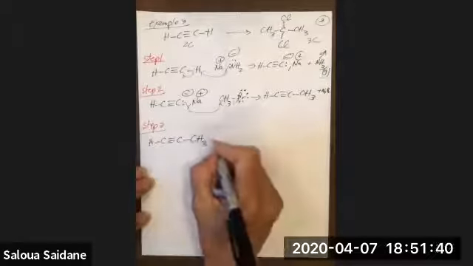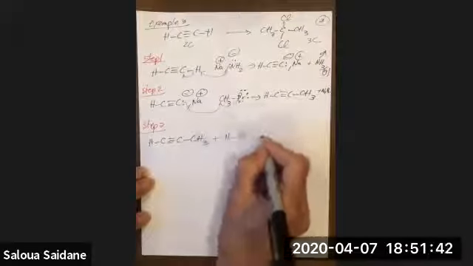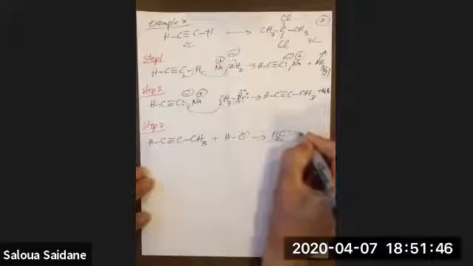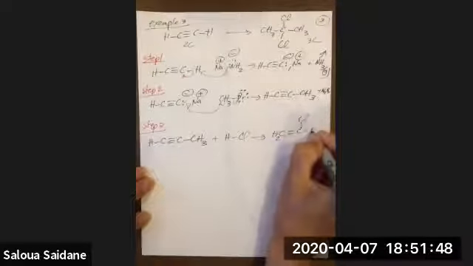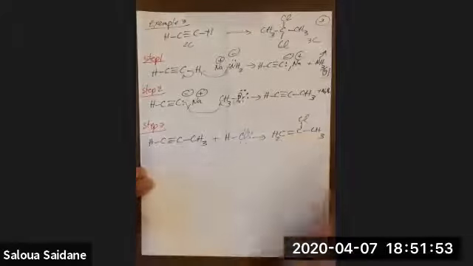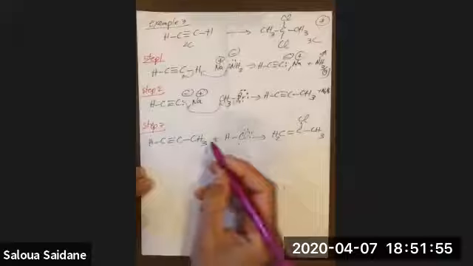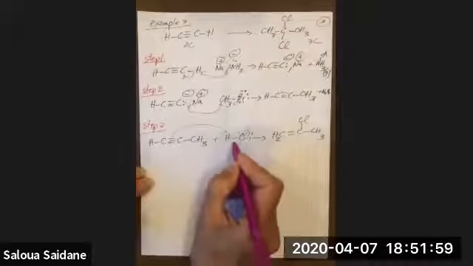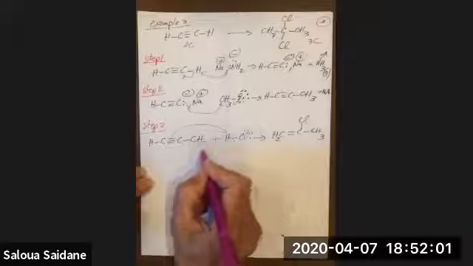So remember, first HCl, you get CH2 double bond C, Cl, CH3. Remember, we already saw this in part 1. This takes the H and then the chloride.